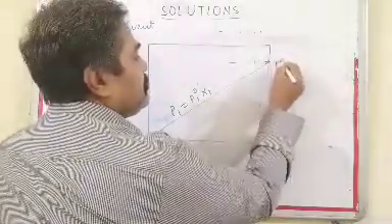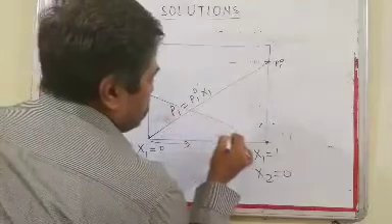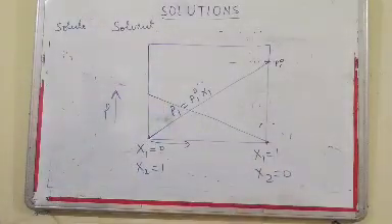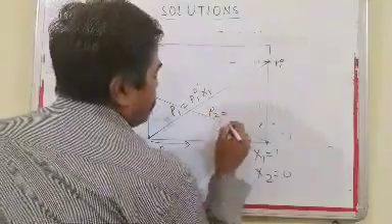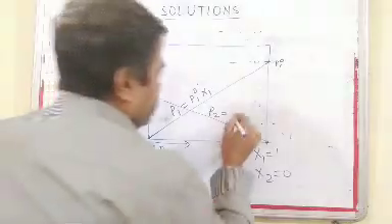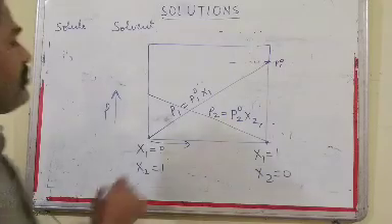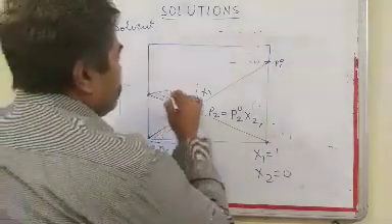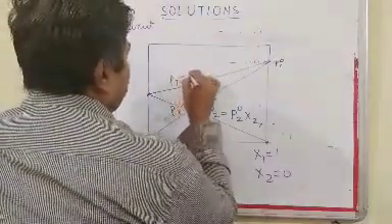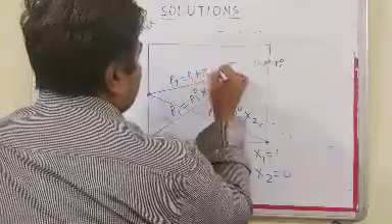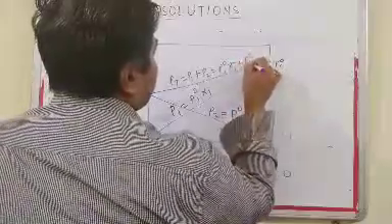This is P01. Okay. And suppose this is the graph which represents the partial vapor pressure of the volatile liquid P2, that is the solute here, P02 X2. Okay. And the total vapor pressure is represented by this one, Pt equal to P1 plus P2, that is P01 X1 plus P02 X2.